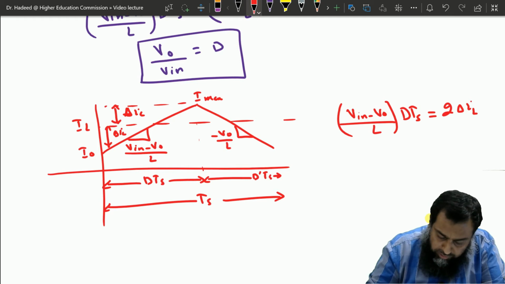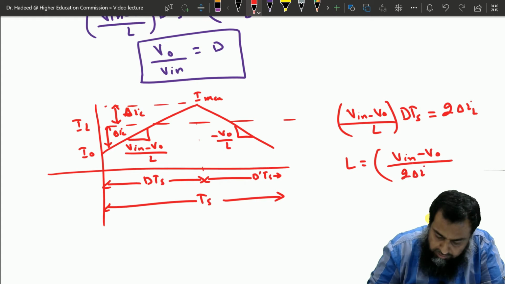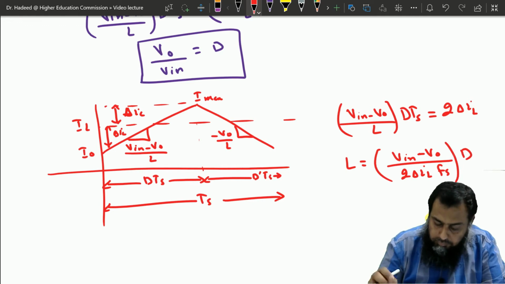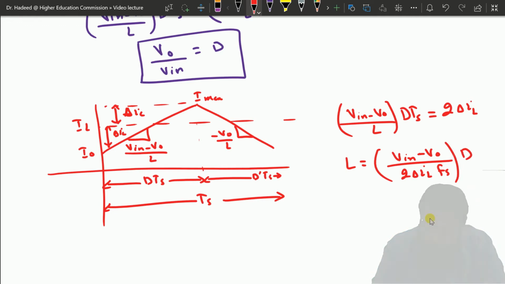So based on this, we have this inductance L available here. So inductance L is equal to V in minus V naught over 2 times delta IL into Fs into D, right. This is the value of the inductance.